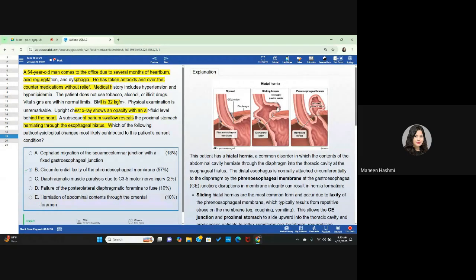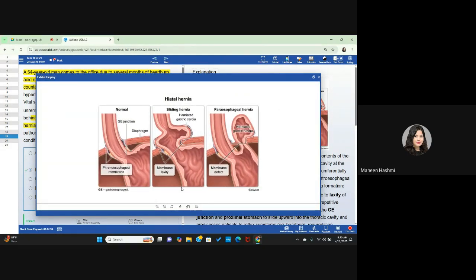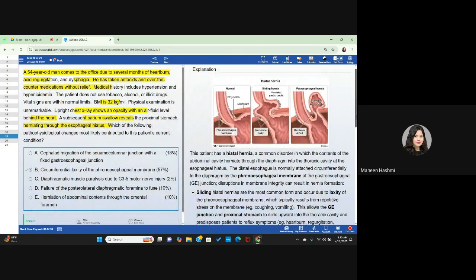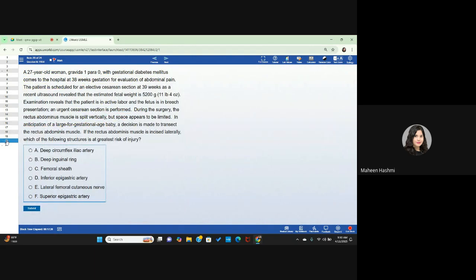We talked about hiatal hernia, and that there are two types, sliding and paraesophageal. In the sliding type you see the herniated gastric cardia, but over here there's some sort of membrane defect, and you see a herniated gastric fundus. So it's different. Again, we talked about this, so I'm not going to go over it again.